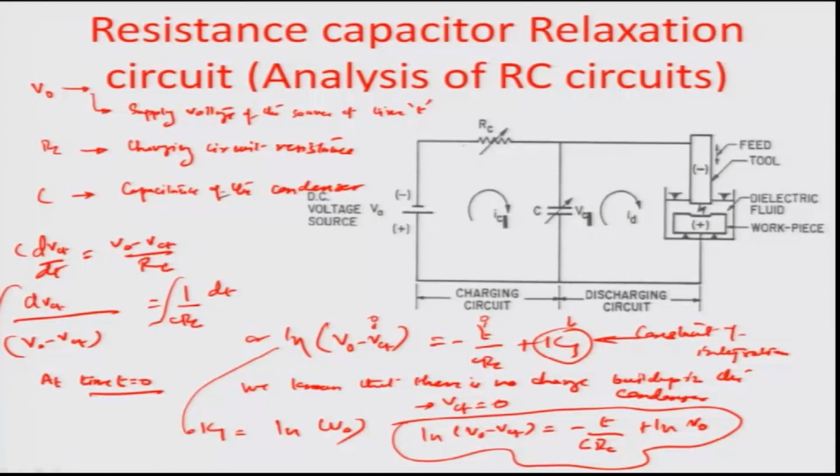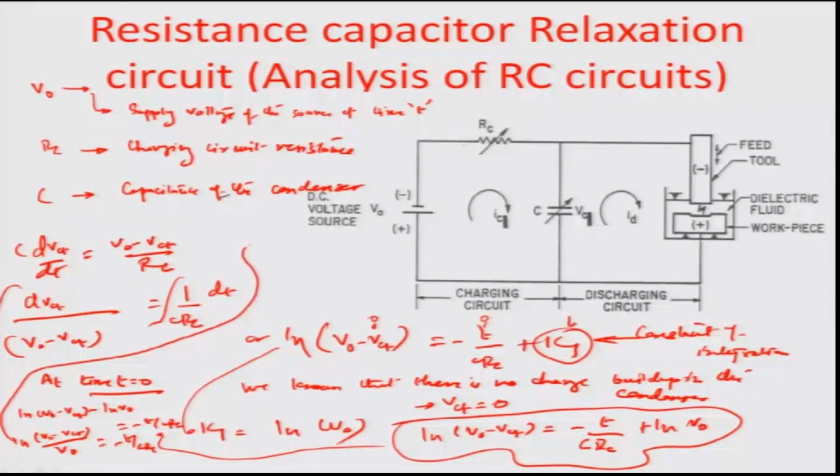In the interest of detailing, just wanted to mention the way that you solve this is ln(V0 minus VCT) minus ln V0 becomes equal to minus t by RC, and so ln((V0 minus VCT) by V0) becomes equal to minus t by RC, or if I wanted to just raise both sides to exponential.